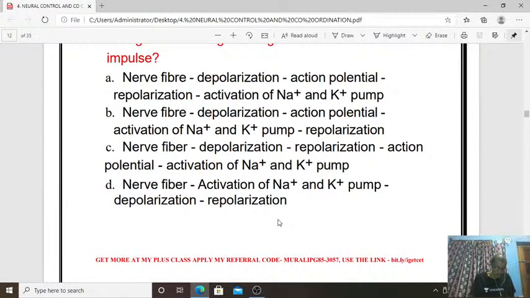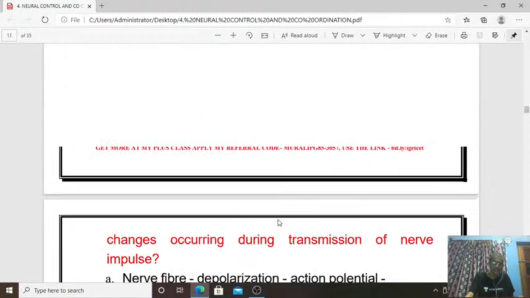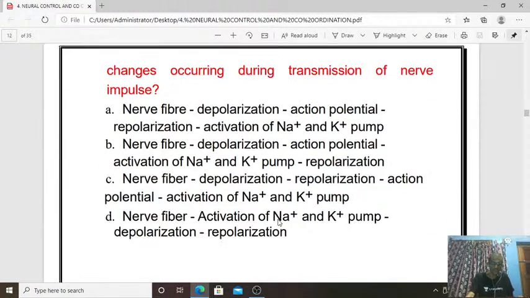The right one for question number 9 is A. The chronology of nerve impulse conduction: nerve fiber, depolarization, action potential, repolarization, activation of sodium and potassium pump.